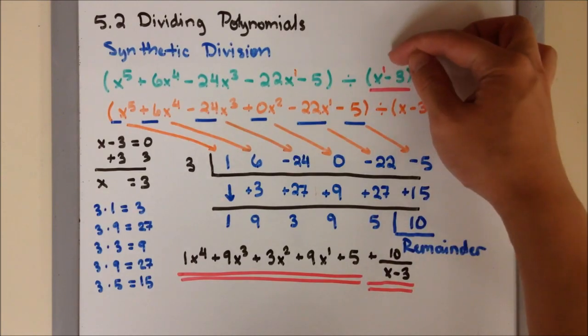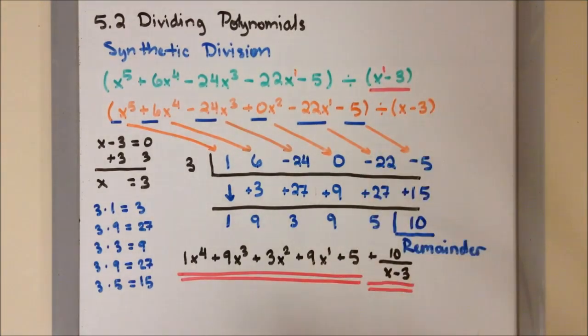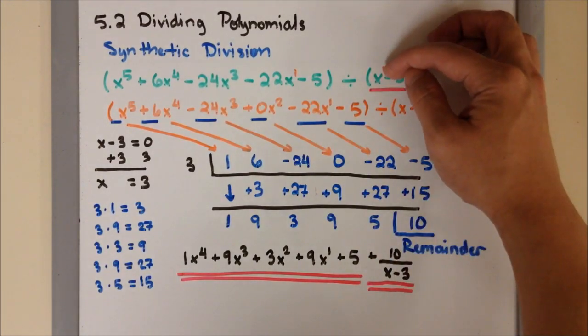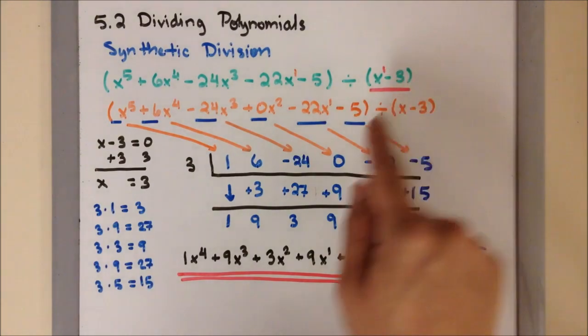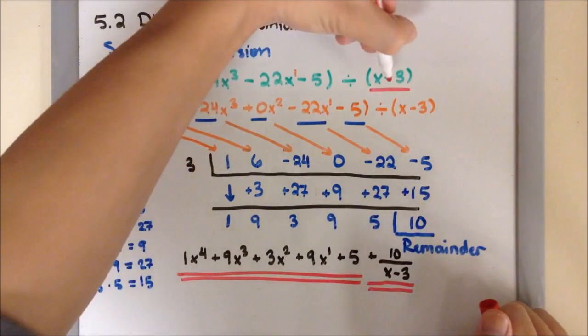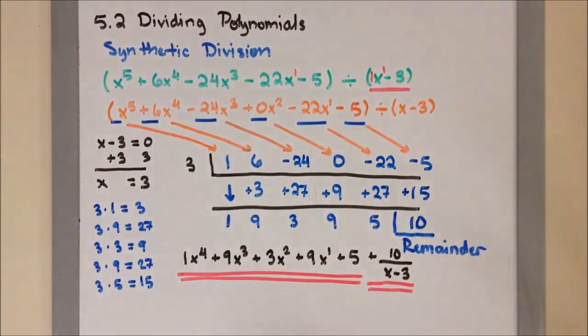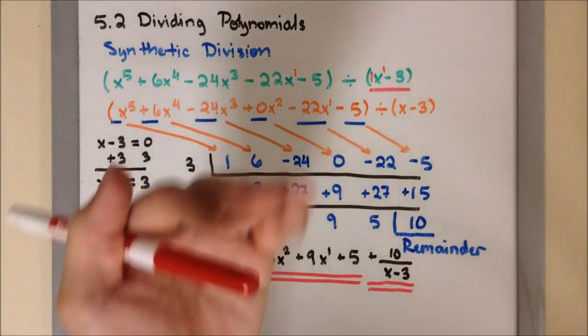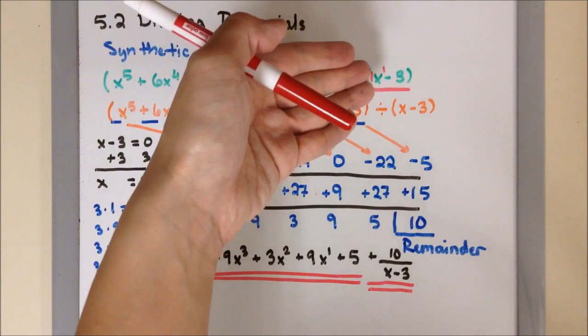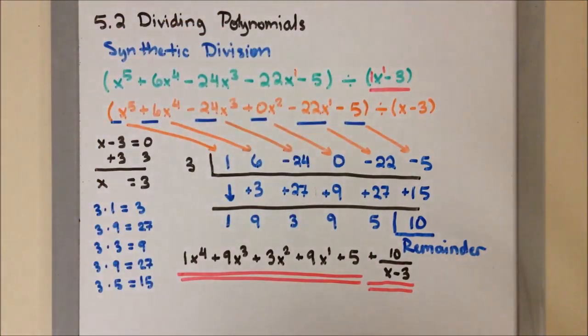I repeat, only 1. So again, synthetic division only works if the degree of the x is 1 and there is an invisible 1 coefficient. So, the degree of the x, or the variable, has to be 1 and the coefficient has to be 1.